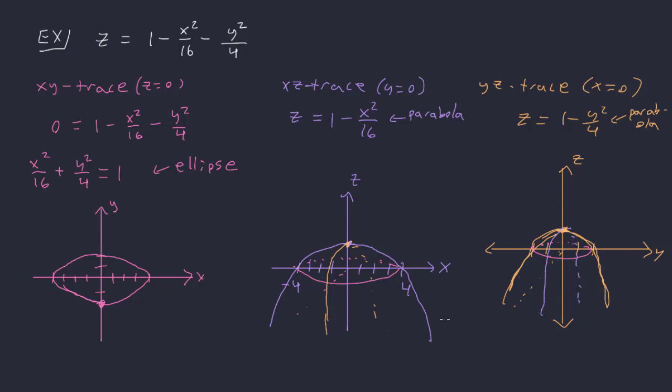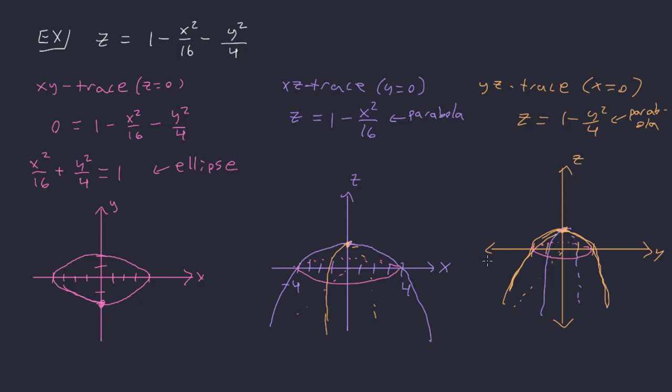All right, so it looks like we've created basically a downward facing bowl. Notice I didn't really do much on this side, mainly just because it would be kind of hard to tell what's going on. It's easier to see what's going on if you use either the XZ or YZ trace to get an idea of what the 3D effect is.